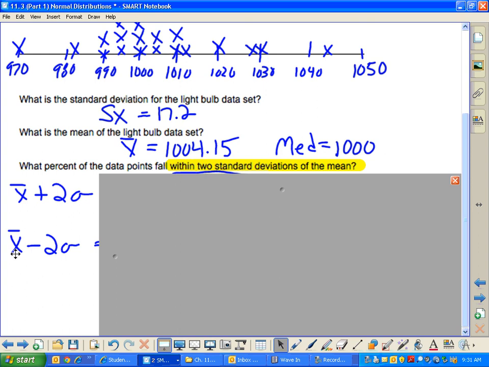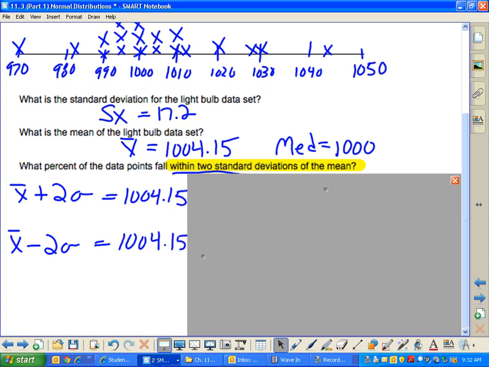Ultimately, we have to count the number of light bulbs that fall within this interval. So the lower boundary is the mean minus 2 standard deviations. These two equations will give you the boundaries to count the number of light bulbs within 2 standard deviations of the mean.